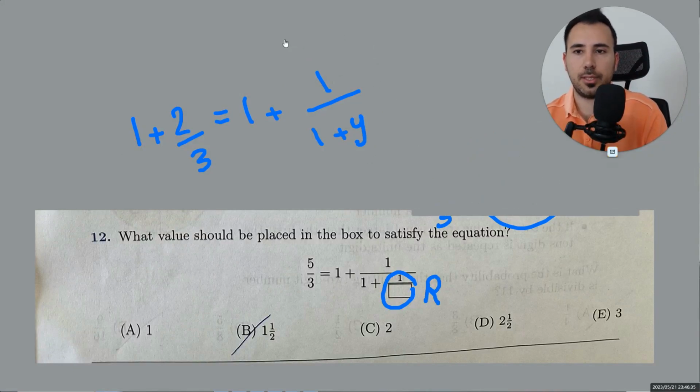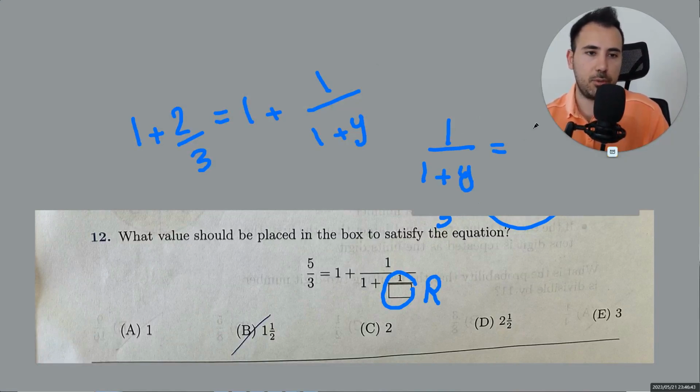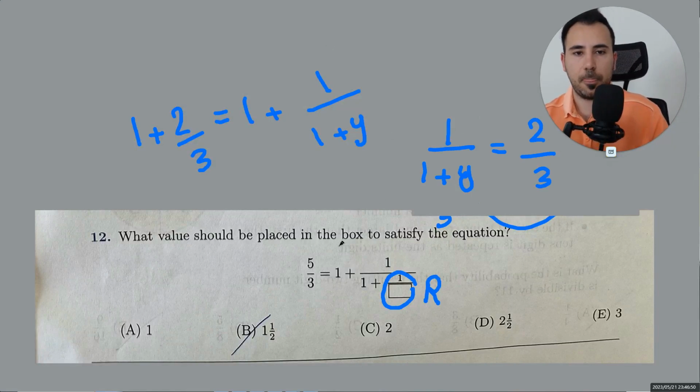So now we'll learn that this 1 over 1 plus y is supposed to be 2 over 3. So, but as you see, it's not going to be, okay, this is 1, this is 2. So we just need to multiply both of these by a 2.